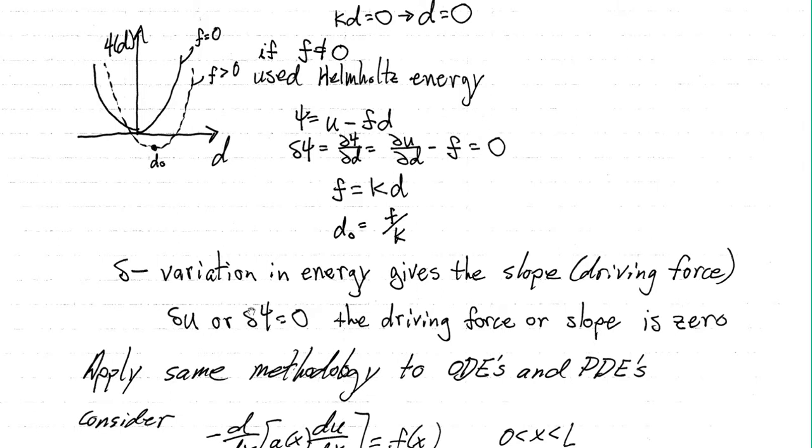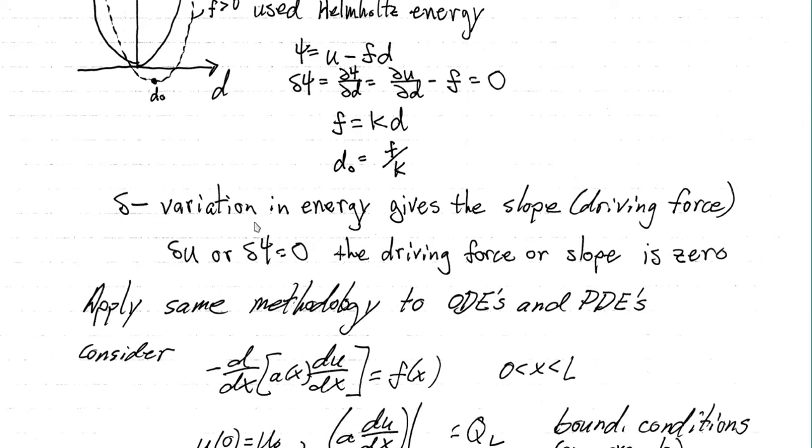Here's your solution. So these fairly simple concepts are very powerful in terms of taking this variation in energy. It also defines basically your driving force to go from this point to this point, and you just find where the slope is 0.